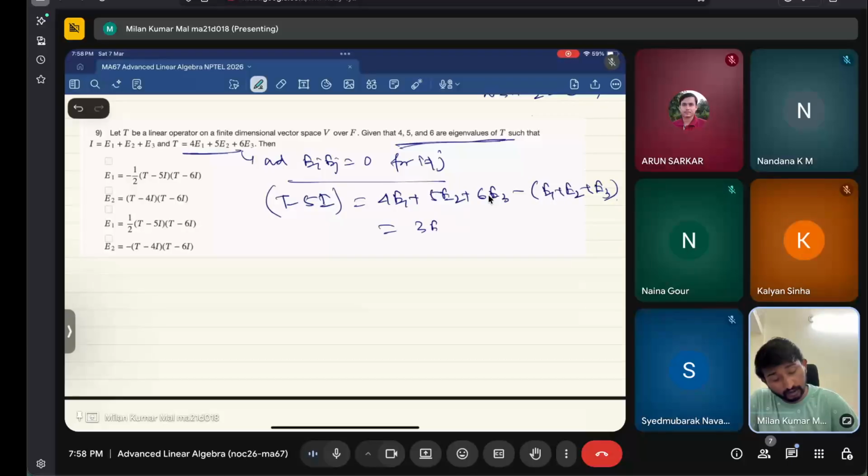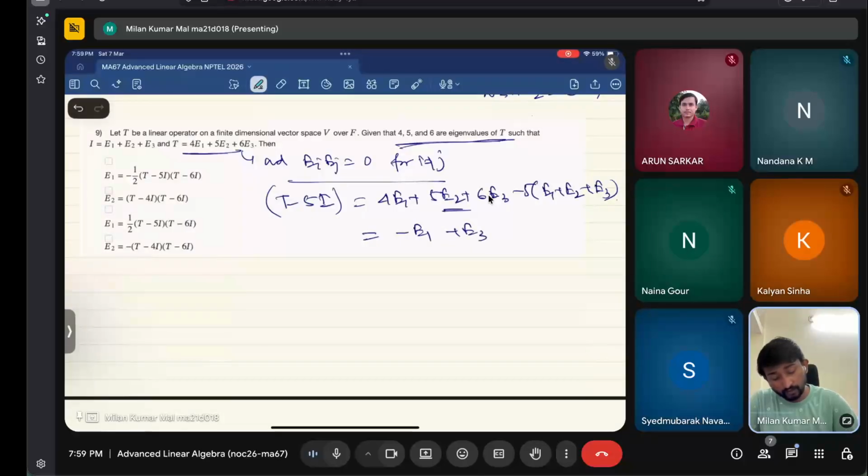So this will be 4E1 plus 5E2 plus 6E3 minus 5(E1 plus E2 plus E3), which is minus E1, second one will be 0, and plus E3. I have to find E1.